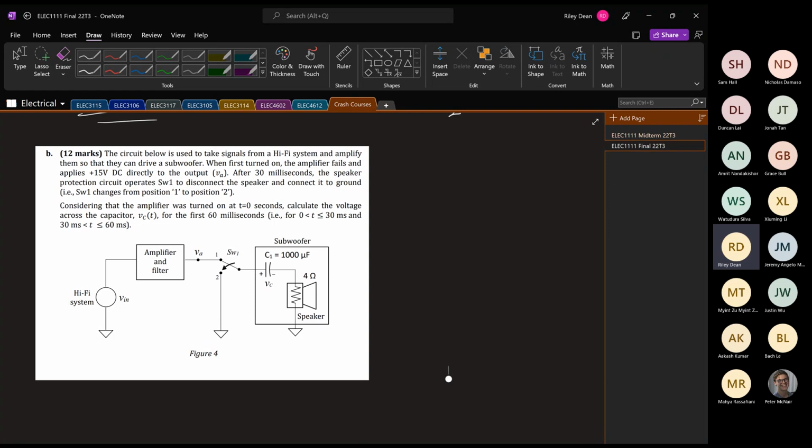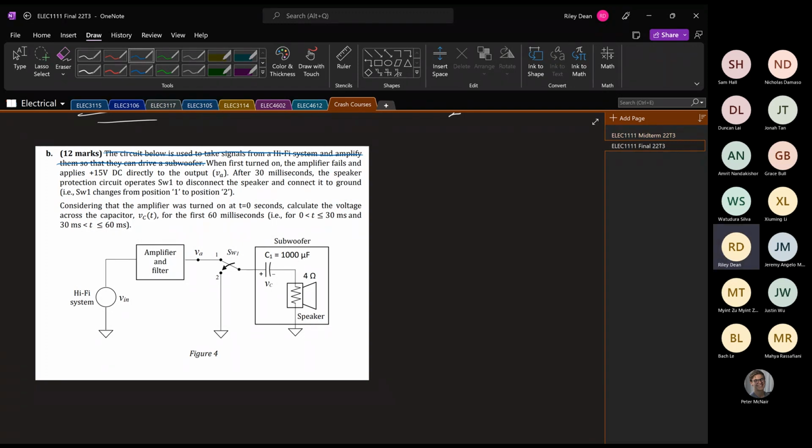It says the circuit below is used to take signals from a hi-fi system and amplify them so they can drive a subwoofer. In terms of answering this question, straight away, we don't need that sentence. That's the first thing we want to know.